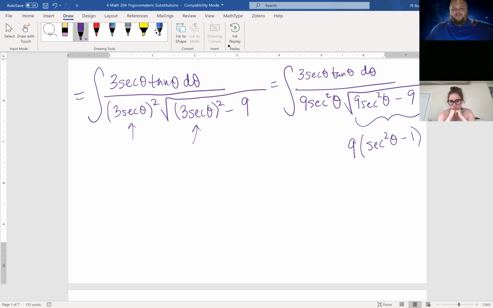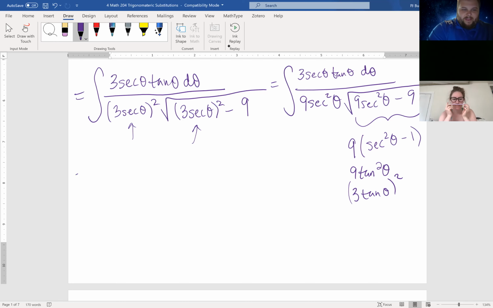Anyone familiar with what that's equal to? Tan squared. That is tan squared, right? So that all becomes 9 tan squared. Or if you really want, you could write it as 3 tan all squared.